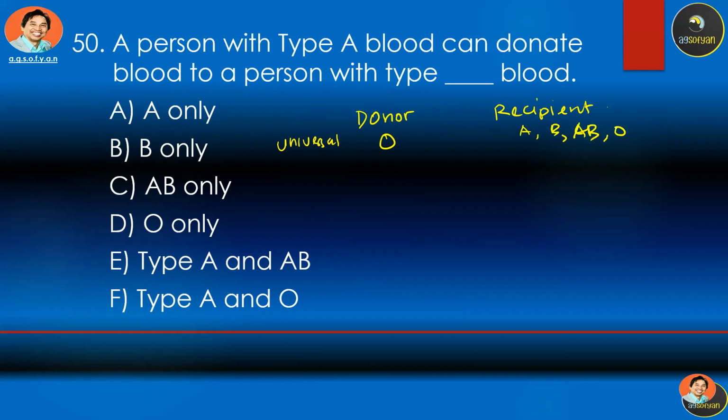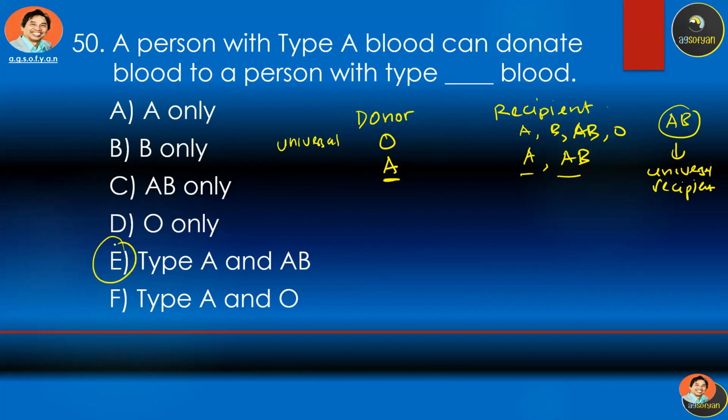And if it is A, it can only give to A or AB, because AB is the universal recipient. So if the donor is A, then they can only give to A and AB.